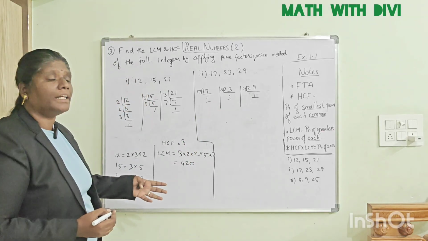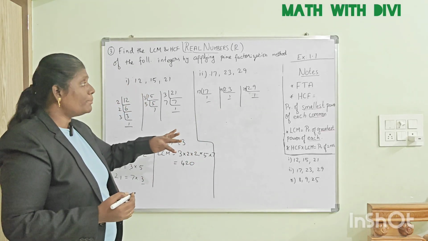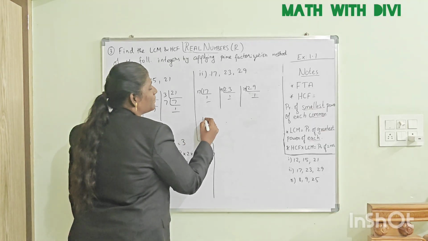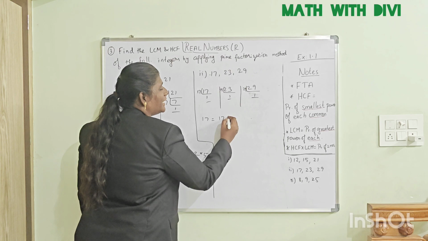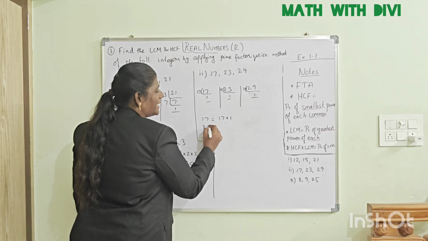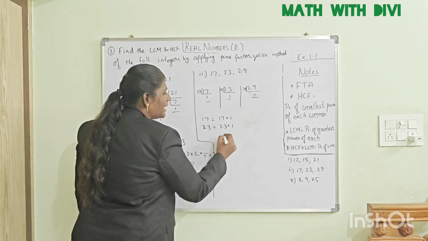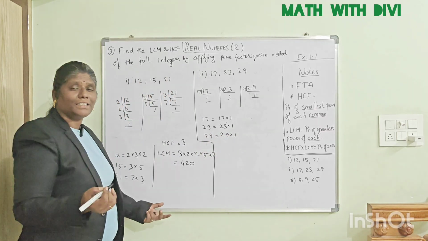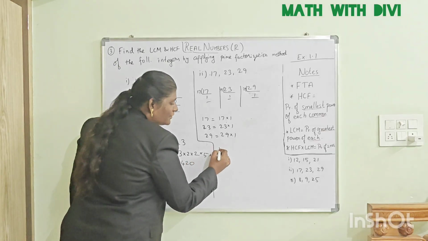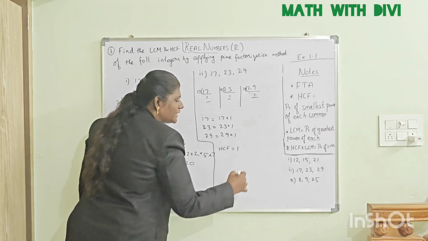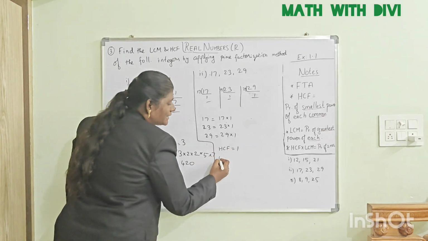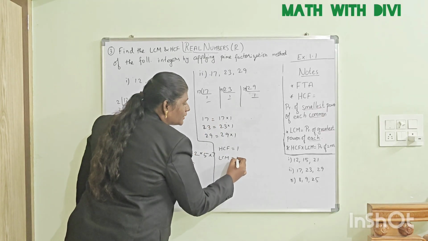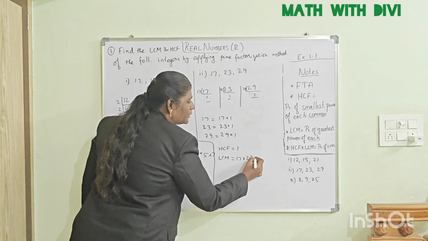Prime or composite numbers can be written as a product of primes, so it is already a prime number. How can we write this? 17 into 1, 23 into 1, and 29 into 1. Since there is no common factor, HCF is equal to 1, and LCM is the product of all involved factors, so 17 into 23 into 29.